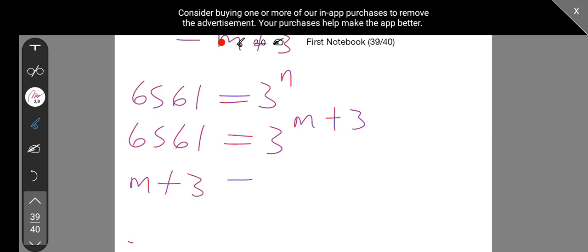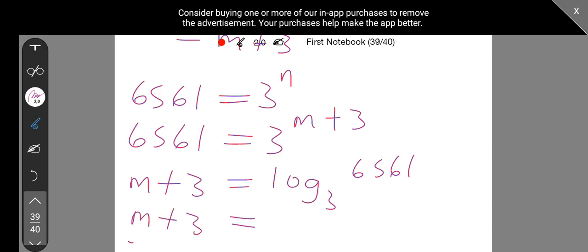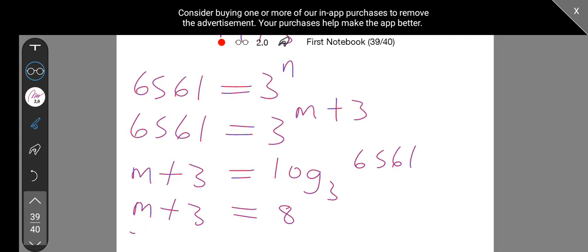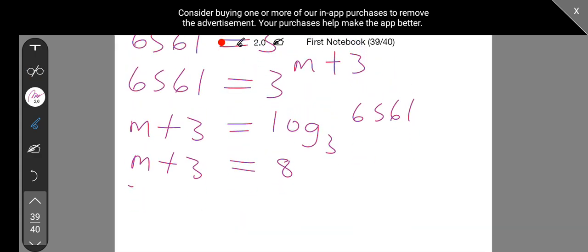M plus 3 is equal to the logarithm base 3 of the number 6561. What is the logarithm base 3 of 6561? That gives us 8. So at the end we have m plus 3 is equal to 8, and we're going to take the 3 to the right side and it will change its sign.